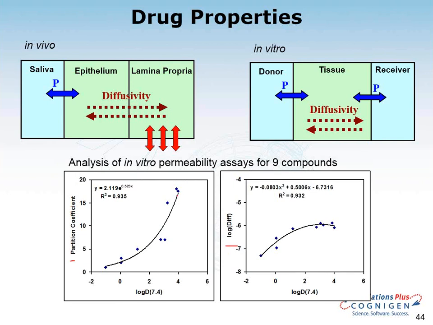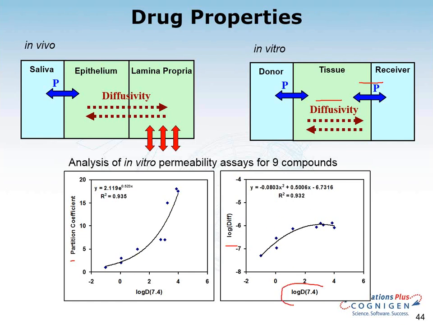We had data from in vitro measurements for 9 compounds, which we were able to analyze in terms of what would be the diffusivity through that tissue slice, and what would be the partitioning between the aqueous layer and the tissue. And we were able to find a simple relationship between these two parameters and log D at 7.4.